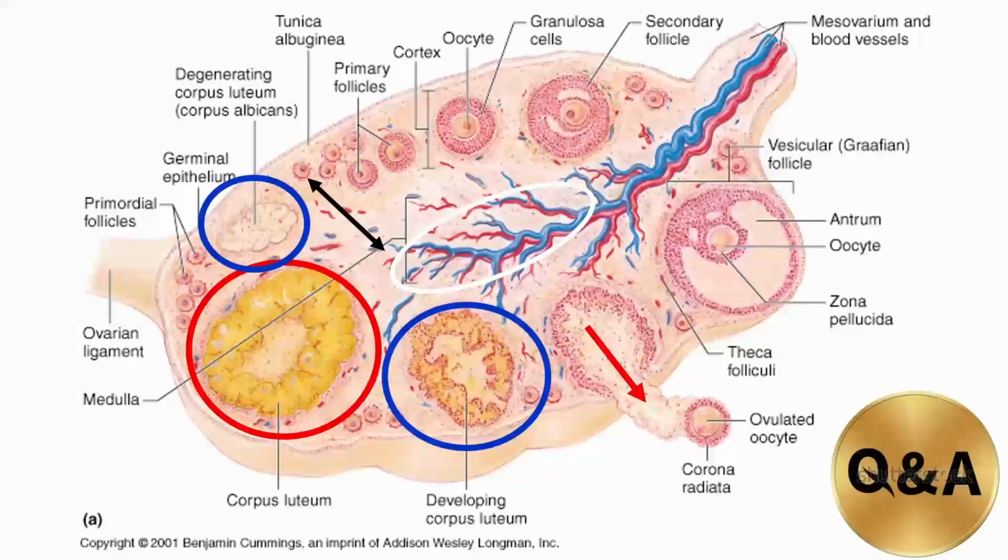It is the degenerating functional corpus luteum. You know something, it is always useful to write down things, because when you write them, first of all, you test your short-term memory. Secondly, it elevates your level of understanding.